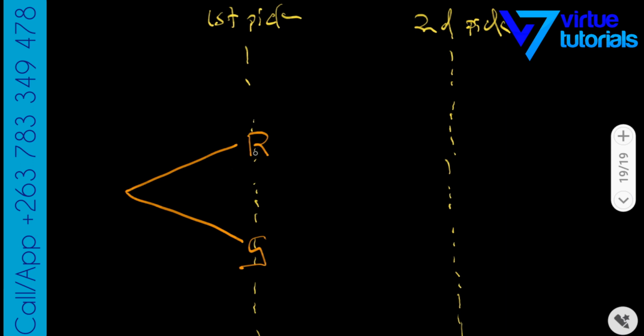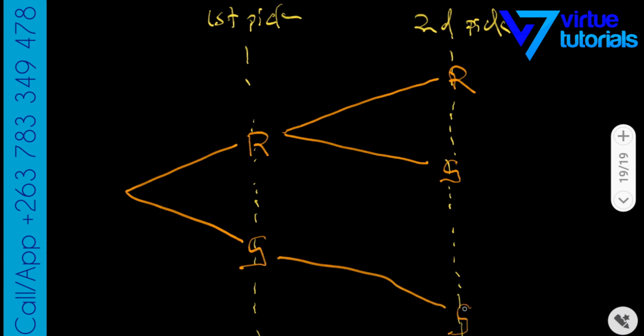If Tabo picks a red ball on the first pick, he can go on to pick another red, or he can change and pick a green, right? If Tabo picks a green ball on the first pick, he can go on to pick another green, or he can change and pick a red there.